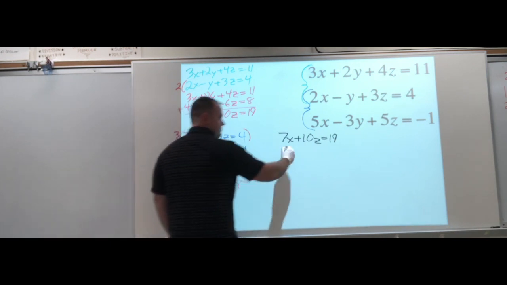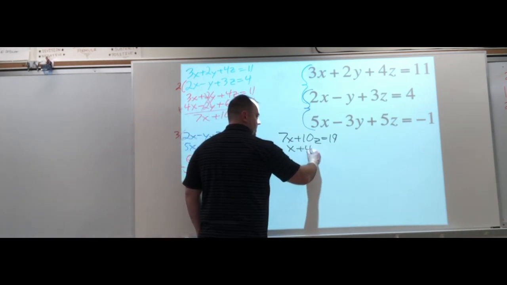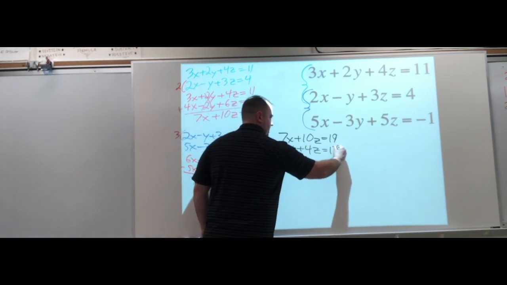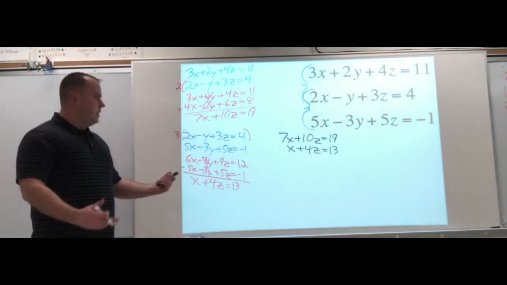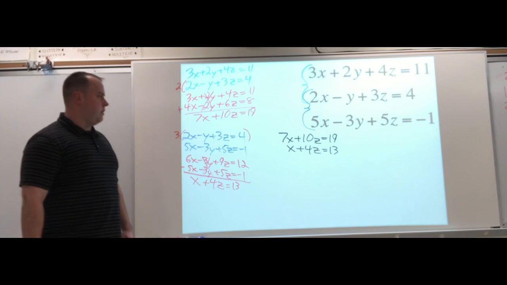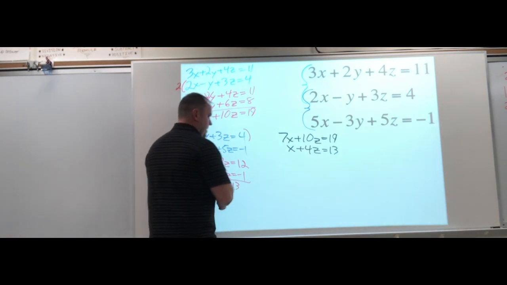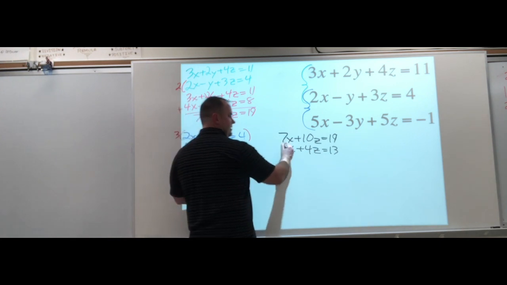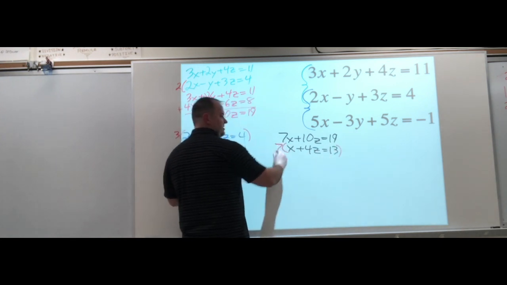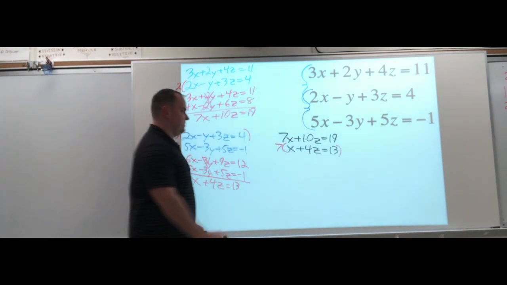Now we have a system like it looked like in 3.2. Variables line up. Let's make one of them cancel out. I'm going to make the bottom x into a 7, so I'm going to multiply that bottom one by 7, to make the x's cancel out.